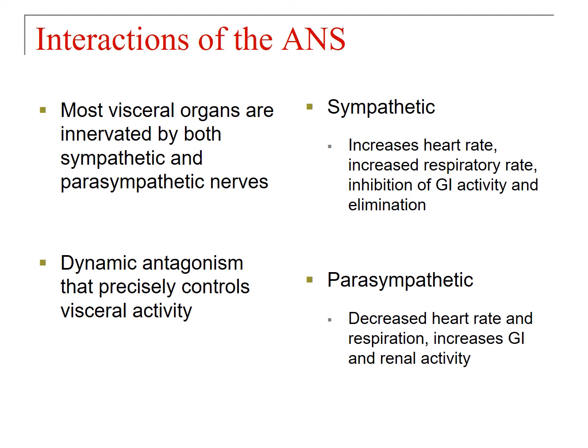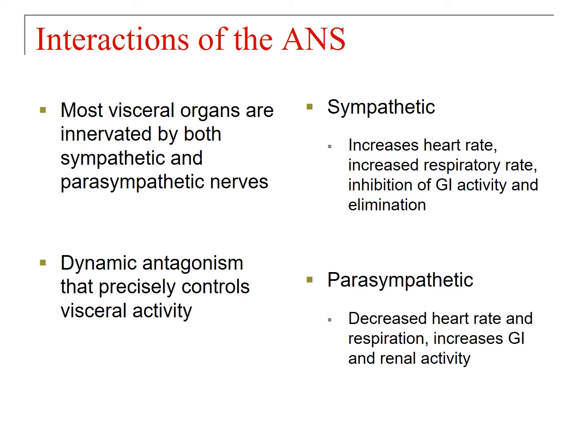Now, most visceral organs do get innervated by both sympathetic and parasympathetic nerves. This sets up a scenario called dynamic antagonism. So basically, this is the idea behind dynamic antagonism. Both systems, parasympathetic and sympathetic, are always on. It's just that one will predominate depending on your needs.